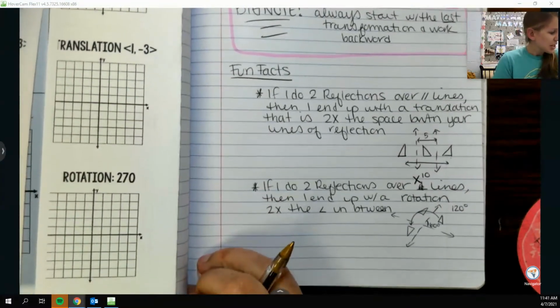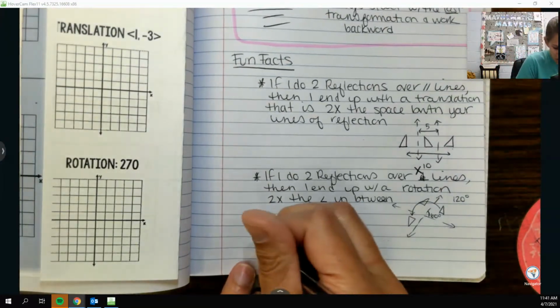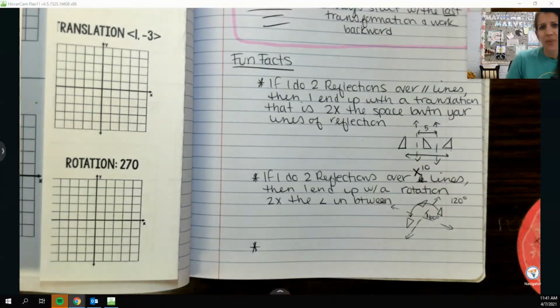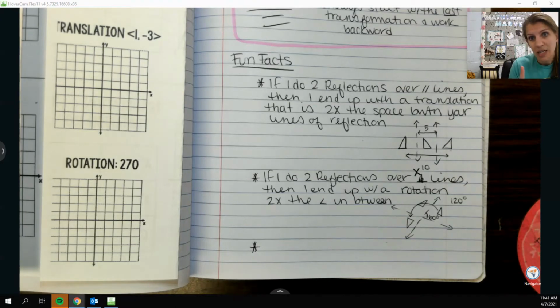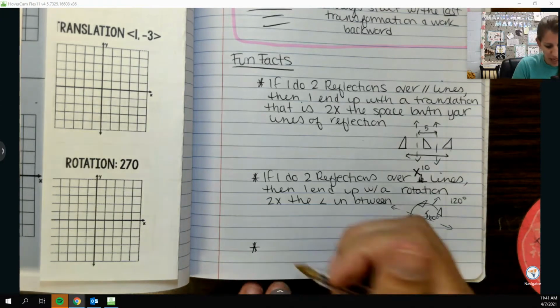The only other fun fact that I want to point out is that when I do a composition of a translation and a reflection, we sometimes give that a special name.